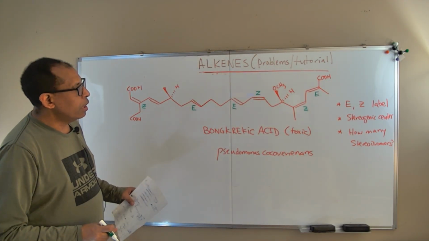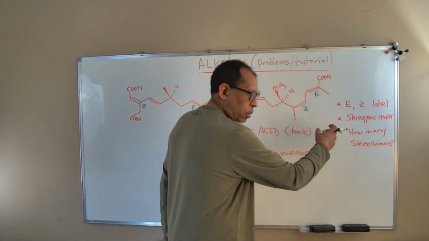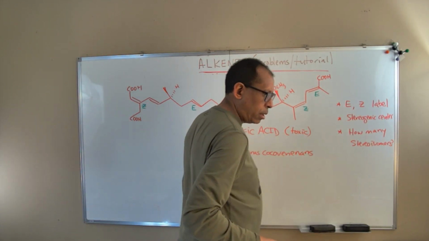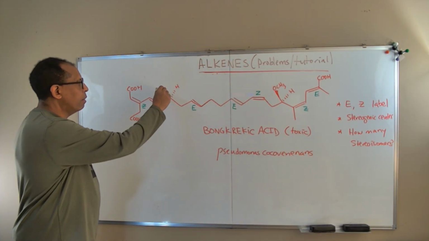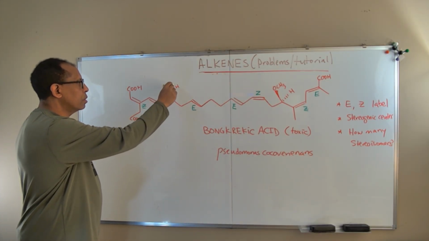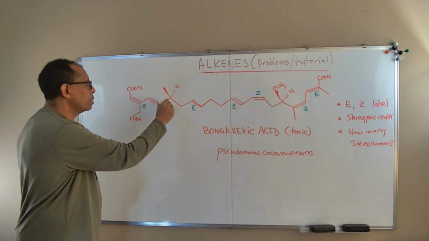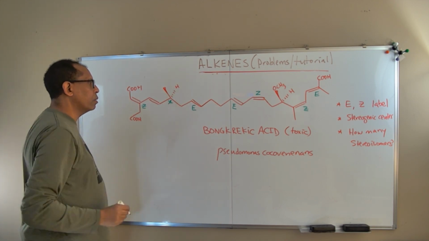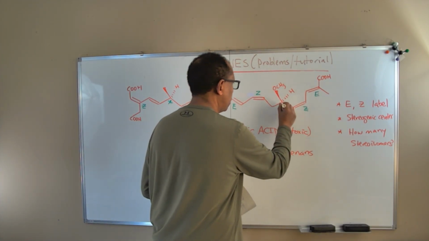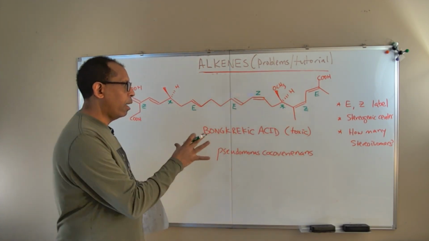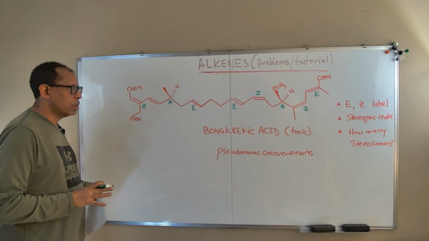Okay. And now the next question is to assign the stereogenic center, that is a chiral center. Here I have a methyl group, this is hydrogen, so 4 different groups. Stereogenic center, and this is another stereogenic center. So I have 2 stereogenic centers.